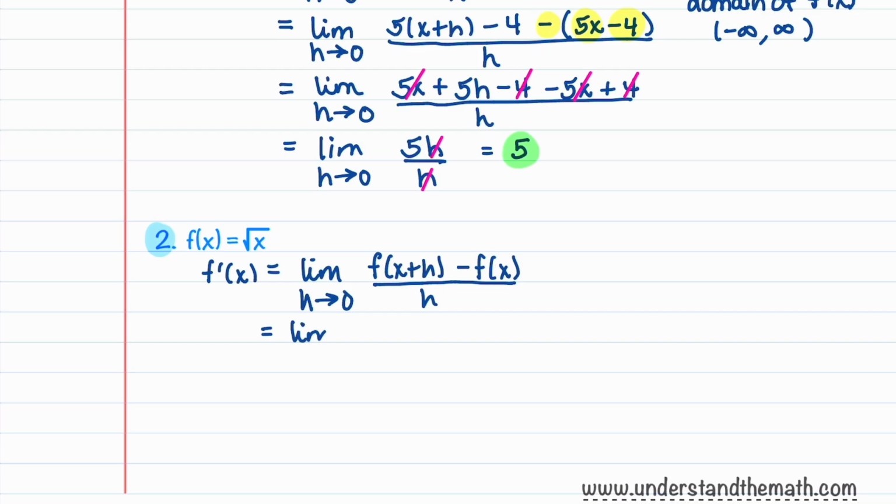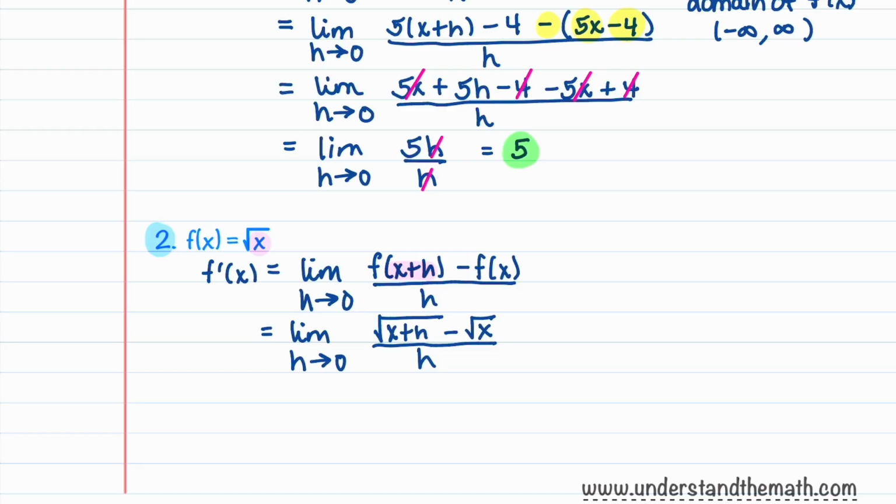This is the limit as h goes to 0. Wherever we have an x, we're going to substitute in x plus h, and this gives us the square root x plus h minus f of x, which is the square root of x, all divided by h.